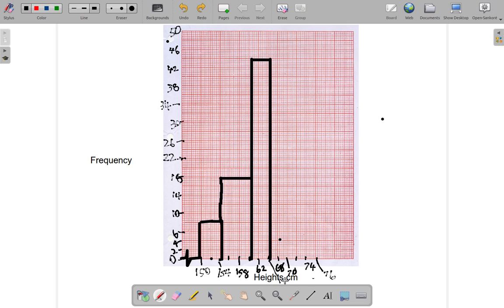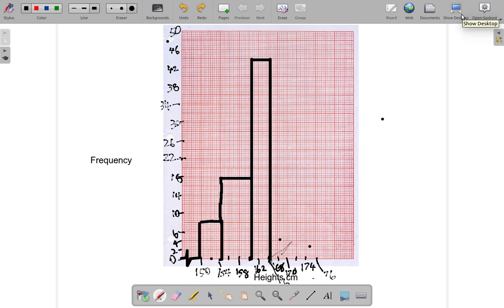This was 164. We don't have a space to write it, but you get the idea. Right here is 164. And you started just to the right of 164.